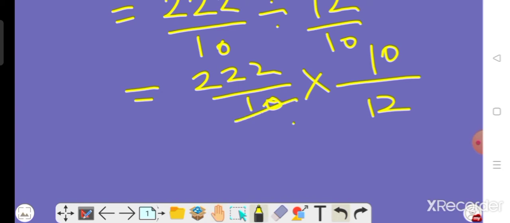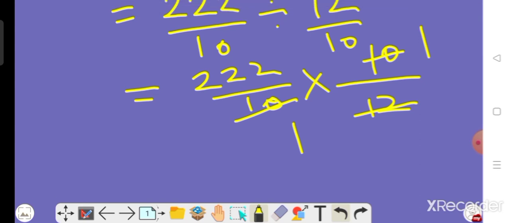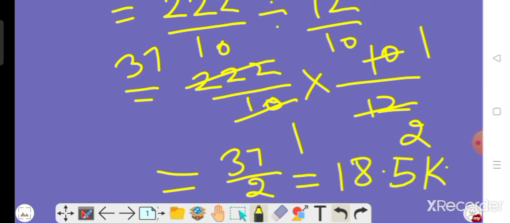From here, 10 will cancel with 10. 6 is the highest common factor between both 222 and 12. 6 twos are 12, and 6 thirty-sevens are 222, so this is equal to 37 by 2. So the result is 37 by 2 and that is equal to 18.5 kilometers.